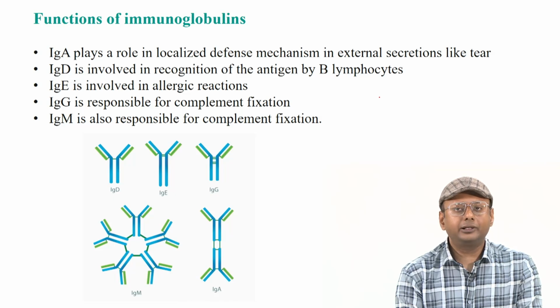IgG is very crucial, it is responsible for complement fixation, and many of the neutralization reactions of virus and bacteria all happen by production of IgG. IgM is also responsible for complement fixation, and in some cases IgM can also be delivered from mother to baby. Okay, so these are different classes of antibody.